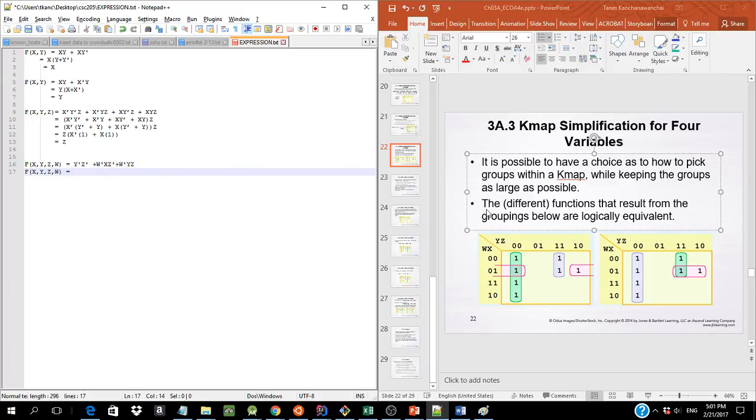So let's do the one on the right. So y naught z naught, right? Plus, let's do pink first. Pink is going to be w naught x, right? And y, right?